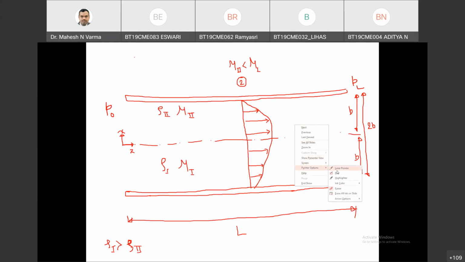Say for example, for this case mu2 is less than mu1. Now what will be the flux profile? Roll number 109, Sashank, what is your expected flux profile?